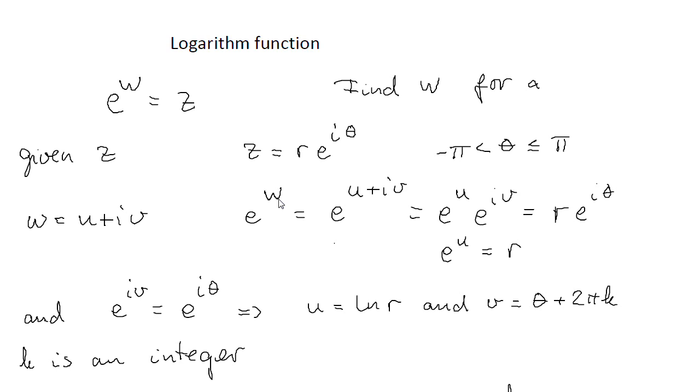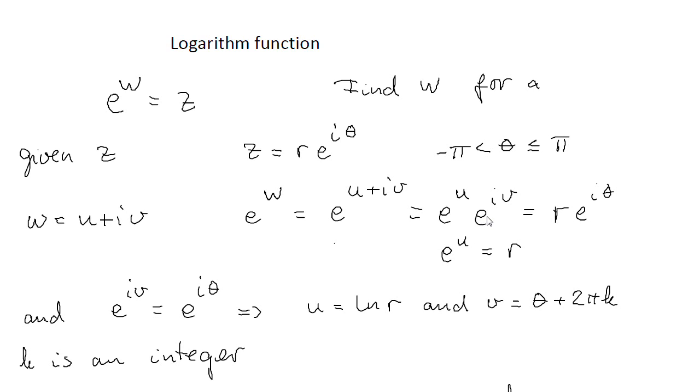We obtain e to the w, and we know from the rules of the exponential function that we can divide it into this product, e to the u multiplied by e to the iv.